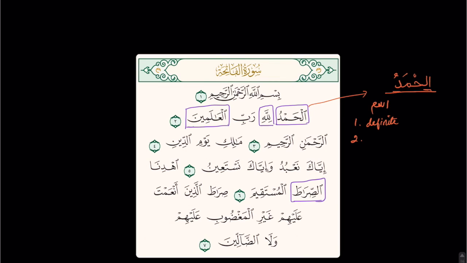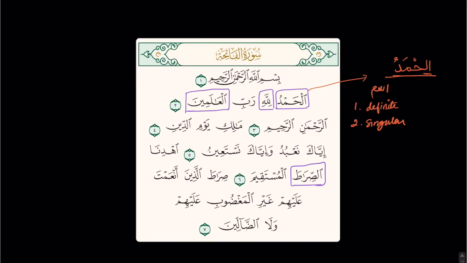What about number? It's singular because there's no dual pattern. I don't see ani and I don't see una in the ending, and it's not a broken plural either. Gender, it's masculine by default. Alhamdu means praise and thanks, so that's not an intrinsically feminine thing.